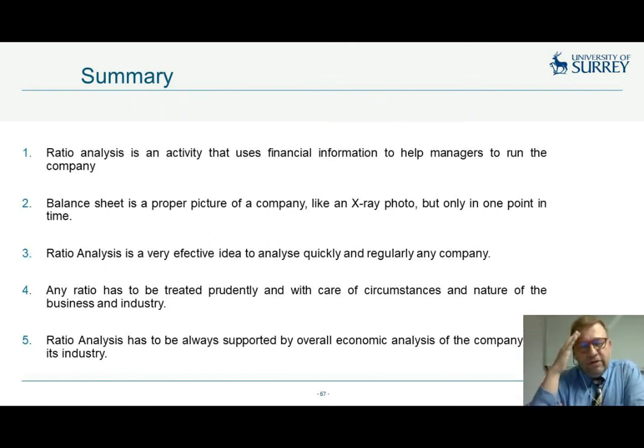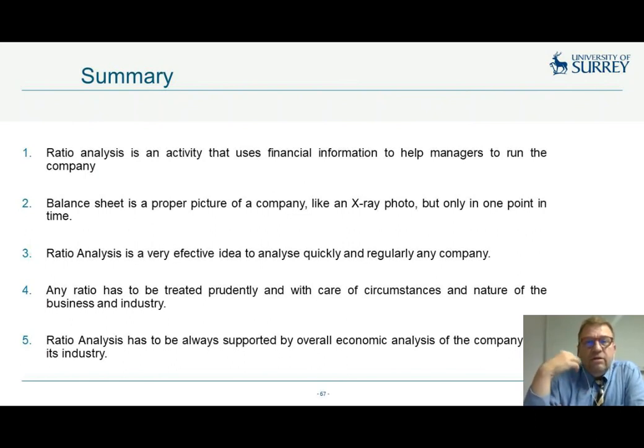So we have to remember again that something might have happened in between these dates. Quite a lot of things happen, but we have to judge which of them are normal operating business of the company and which of them are exceptional. And as such, we have to treat them exceptionally to take into account how we interpret ratios.